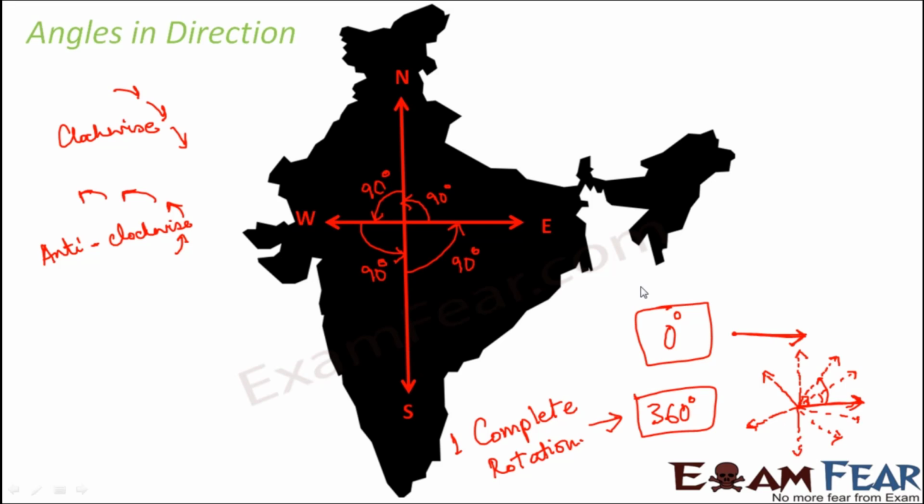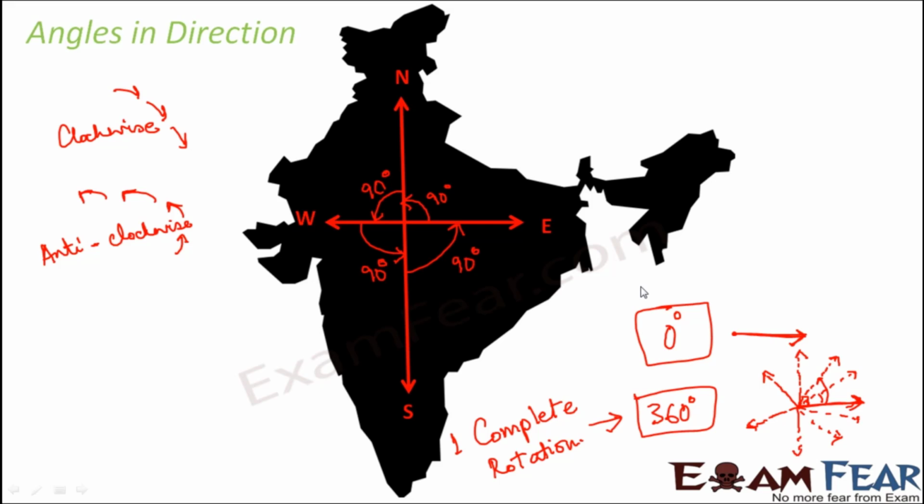The values are still possible, but in one complete rotation, the minimum value would be 0 degree, that is there is no orientation between the two rays, and the maximum value in one rotation would be 360 degree, because the moment you get rotated by 360 degree, you come back to the original position. So I hope that's clear now.